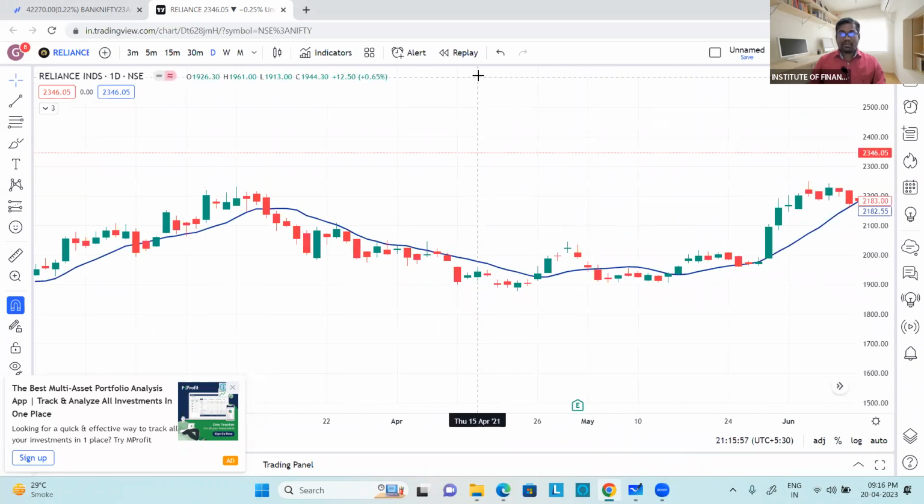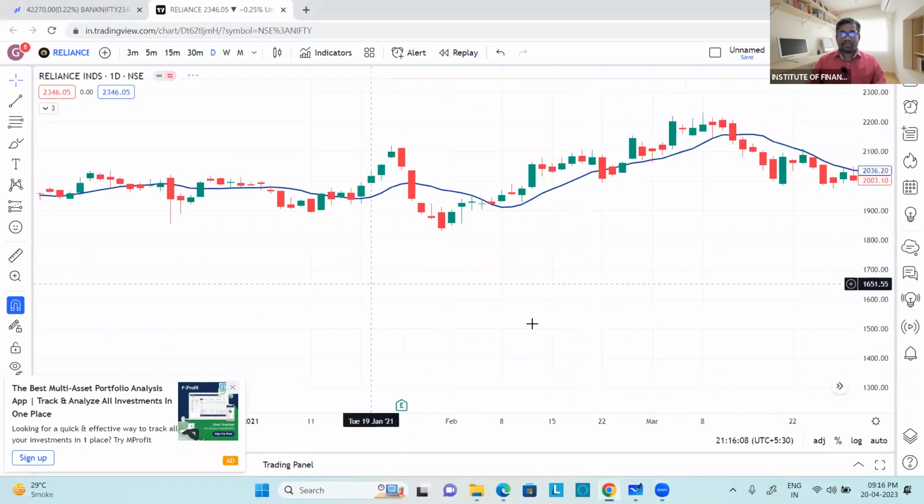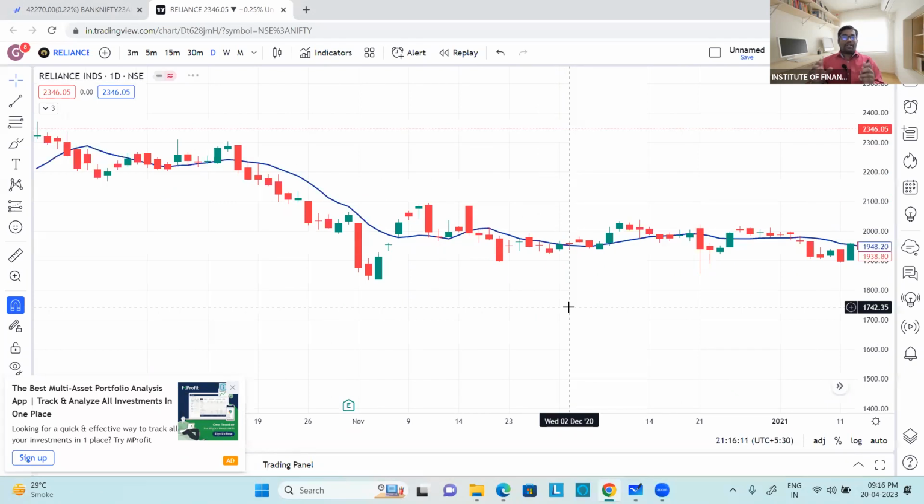And this is a bearish abandoned baby. There is a gap between this and this, and this and this. So whenever these bullish and bearish abandoned babies happen, they will be the new supports and resistances.